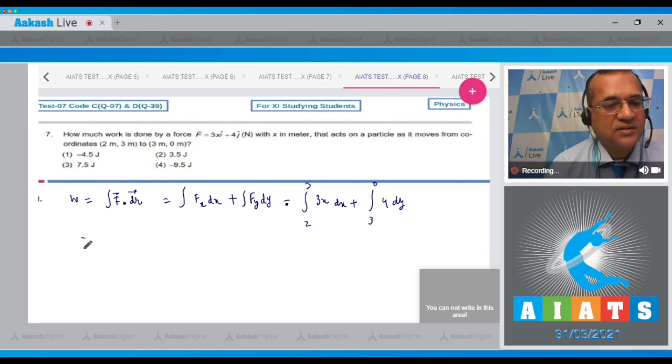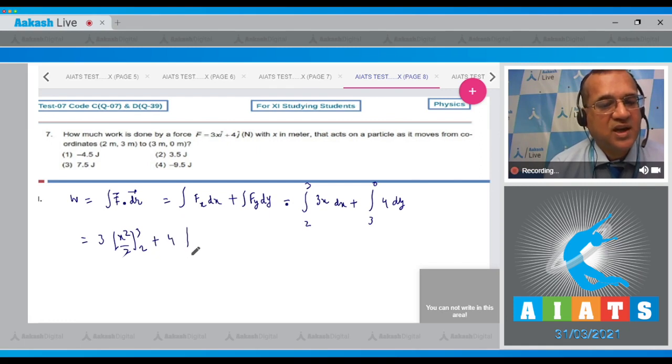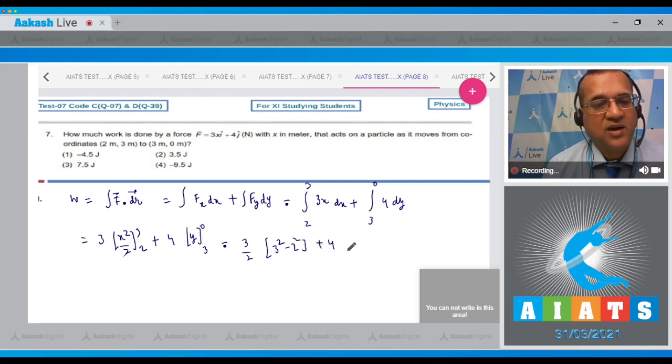So we integrate. 3 is taken out and this is x square by 2 and the limits are from 2 to 3, plus 4 is outside and this is y and limits are from 3 to 0. So 3 by 2 is outside and that means 3 square minus 2 square, and plus 4 into 0 minus 3.